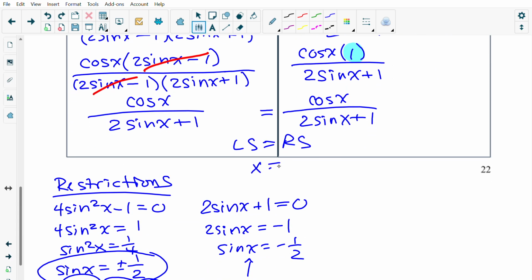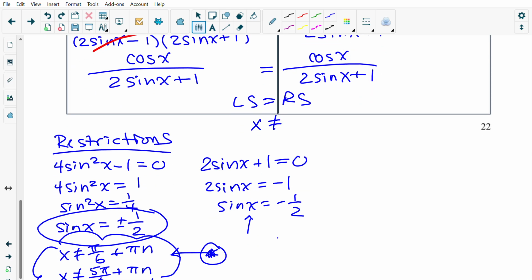So left side equals right side, with my restriction that x does not equal pi over 6 plus pi n, and 5 pi over 6 plus pi n.